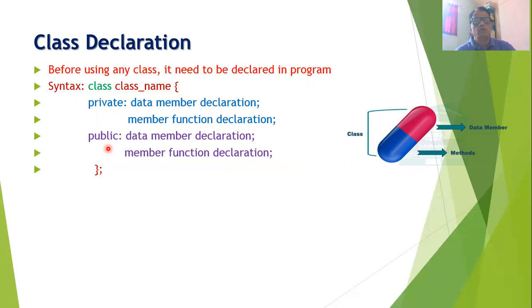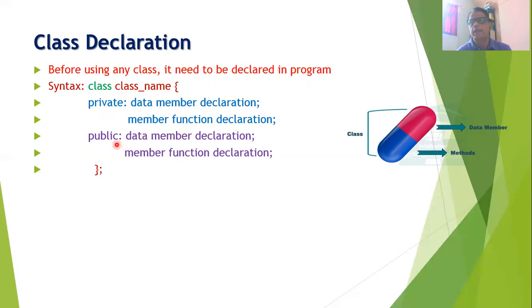The access specifier can be private, so you write the keyword private, then a colon, and then mention the different variables or data members along with their data types. Then any member functions that you want to declare as private are mentioned here.